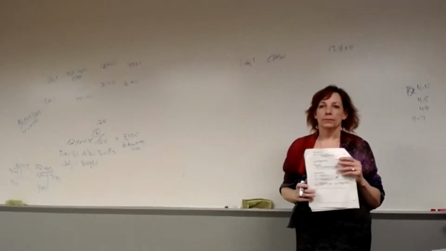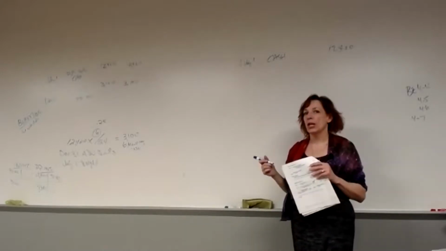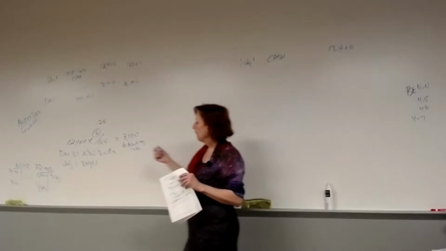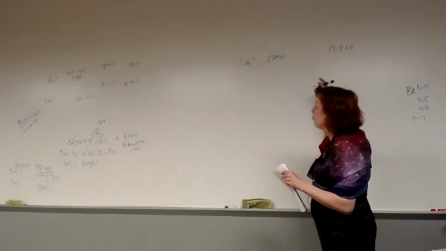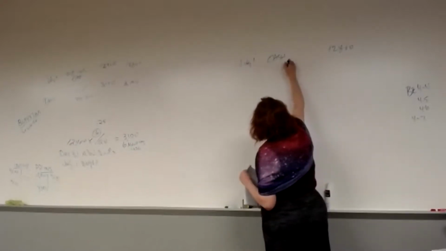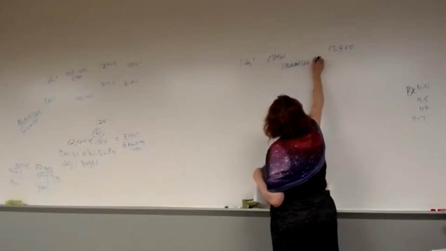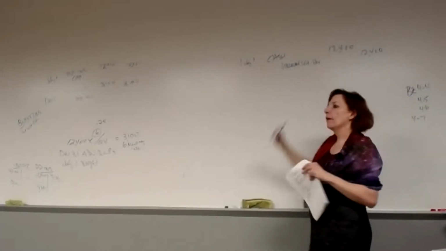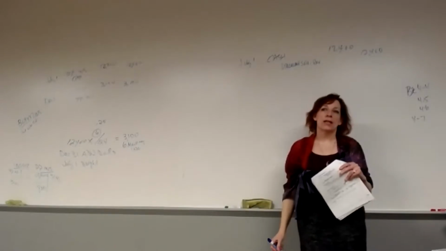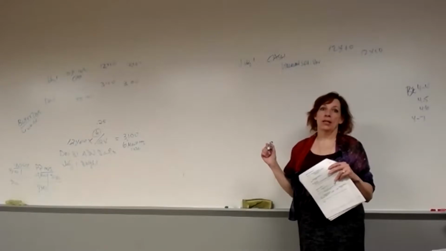Because we haven't earned it yet. This $12,400 was for how much time? 2 years. 2 years, 24 months, right? So we're going to credit unearned service revenue, $12,400. And then every month we're going to do an entry to recognize how much we've earned. But in this problem, we're waiting till the end of the year to do it.